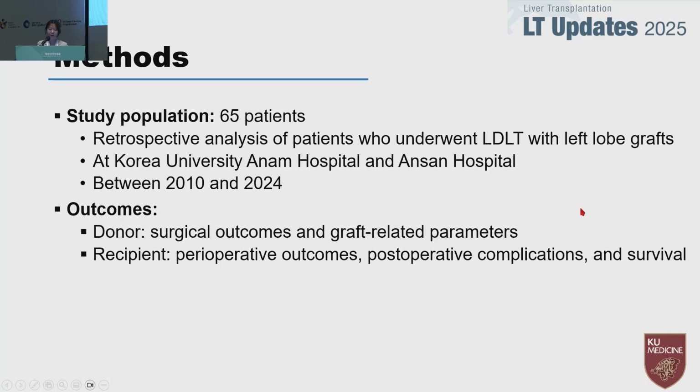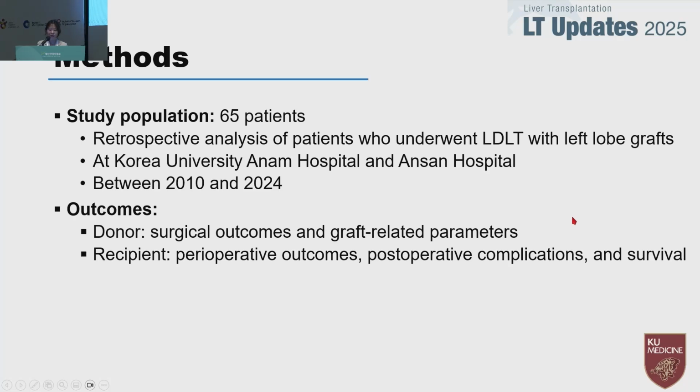We retrospectively analyzed 65 patients who underwent living donor liver transplantation with left lobe graft at Korea University Anam Hospital and Ansan Hospital between 2010 and 2024. We compared the outcomes from the perspective of both donor and recipients.